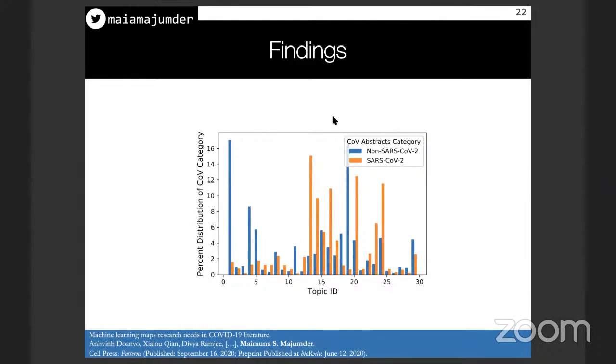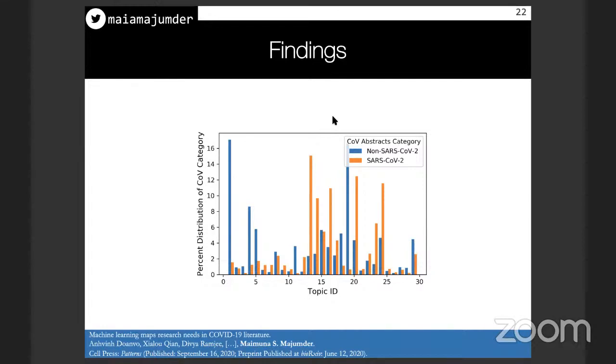Digging deeper, topic modeling via LDA also suggests stark differences in the topics covered by COVID-19 or SARS-CoV-2 related abstracts to date when compared against abstracts pertaining to other coronaviruses. 30 topics emerged as shown above, and 5 of these, 1, topic 14, outbreaks impact on healthcare services, 2, topic 15, testing for coronaviruses, 3, topic 17, epidemic cases and modeling, 4, topic 21, clinical care and therapeutics, and 5, topic 25, lessons learned for epidemic preparedness, accounted for 58% of all COVID-19 abstracts and just 17% of MERS and SARS abstracts.